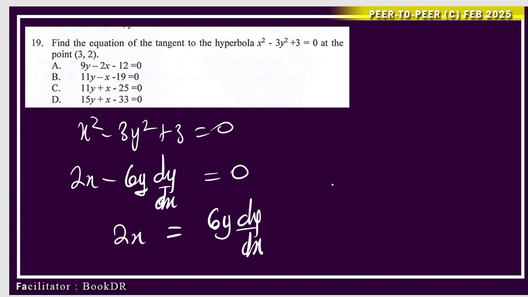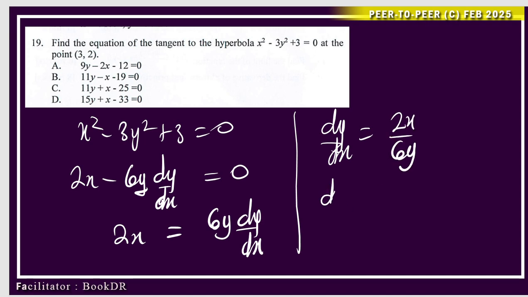Then we make dy dx the subject by dividing through by 6y. So dy dx will be equal to 2x over 6y. Simplifying further, dy dx is equal to x over 3y.